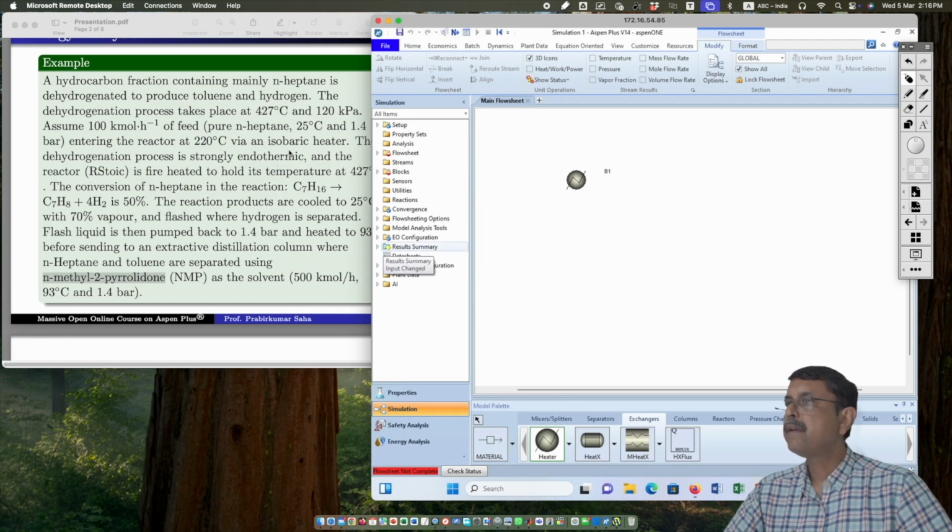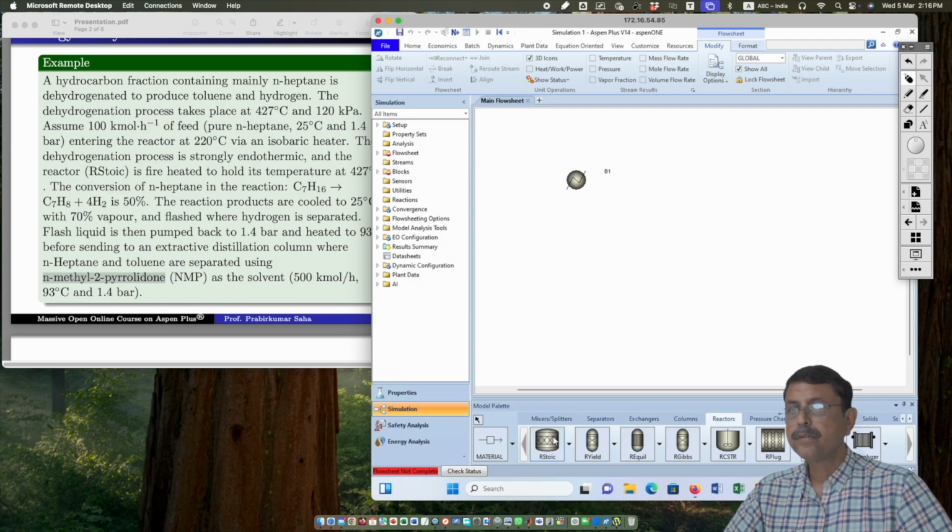And then we have a reactor. So this is a stoichiometric reactor. And then we have a cooler. So first let us work with these three.